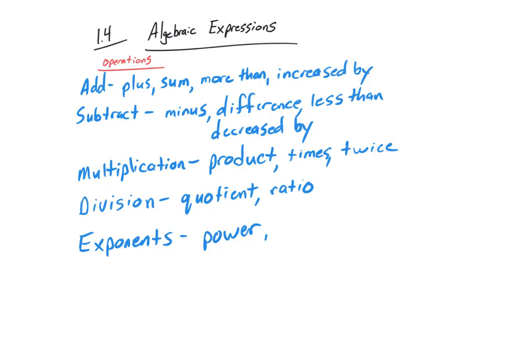But then we have some special ones like squared. Squared means I have an exponent of 2. Cubed means I have an exponent of 3. So those are just specific types of exponents. Rather than saying 2 to the power of 3, I could just say 2 cubed, which is the same thing.